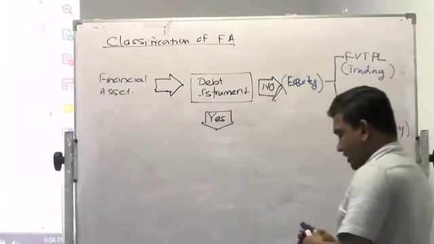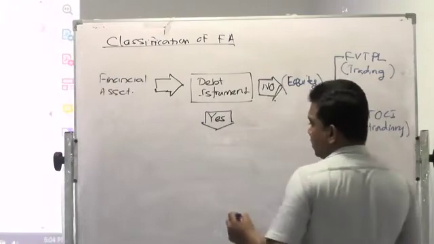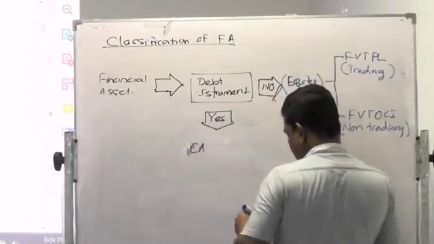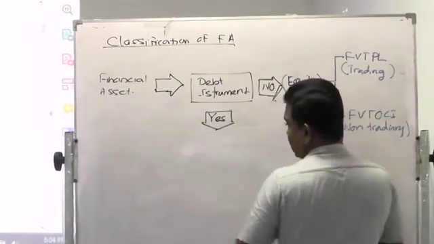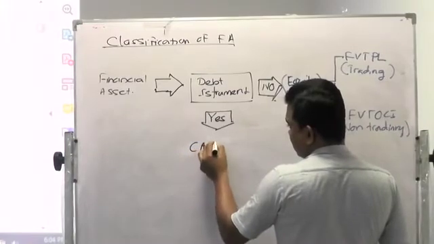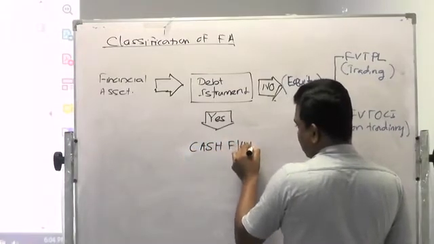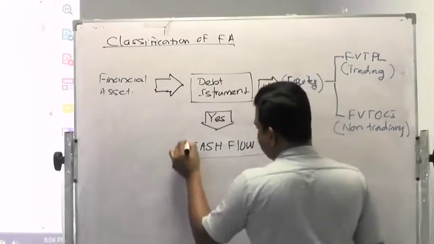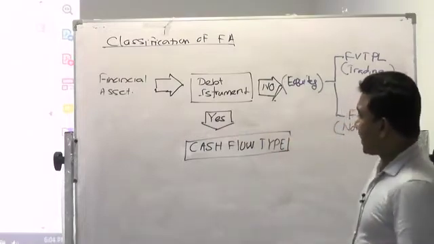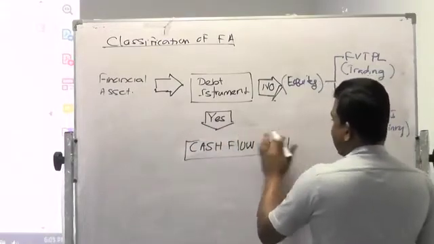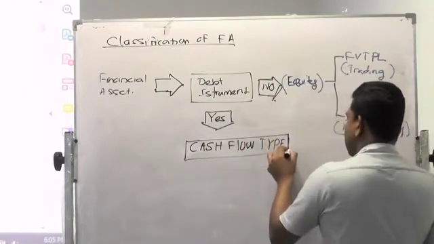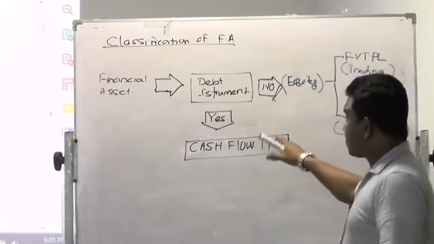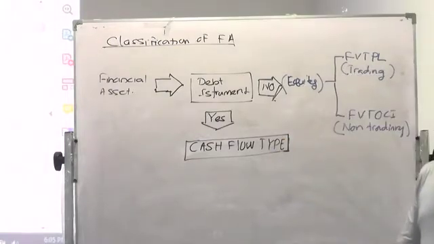Then you have to see the cash flow type. What is the cash flow type they are expecting? What cash flows does the entity expect? Because asset is a resource which generates future cash flows, future benefits. Which cash flows does the entity expect?